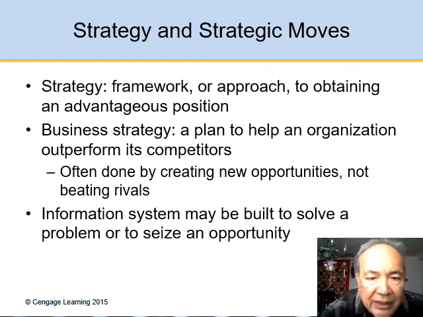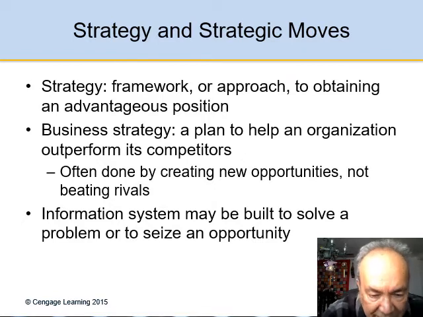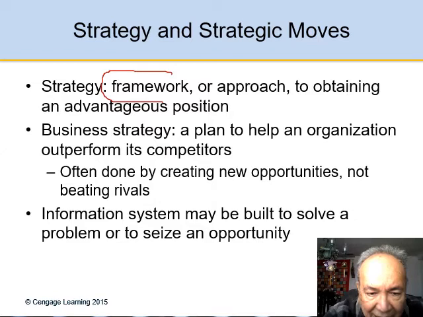Now, if we're going to look at the definitions here, it says strategy and strategic moves. Now, what is a strategy? It's a framework or approach to obtaining an advantageous position.